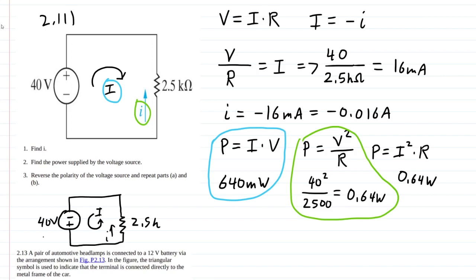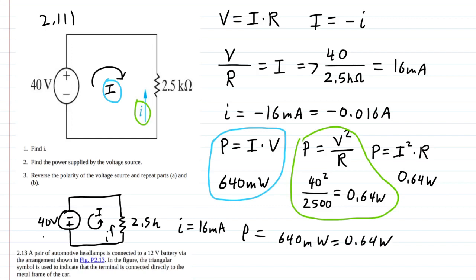We do that same calculation, except we don't have to worry about flipping the sign here. We end up with little I equals 16 milliamps. It's 40 volts divided by 2.5 kilo ohms. We do the same calculation and find that the power supplied is also 640 milliwatts, or 0.64 watts.